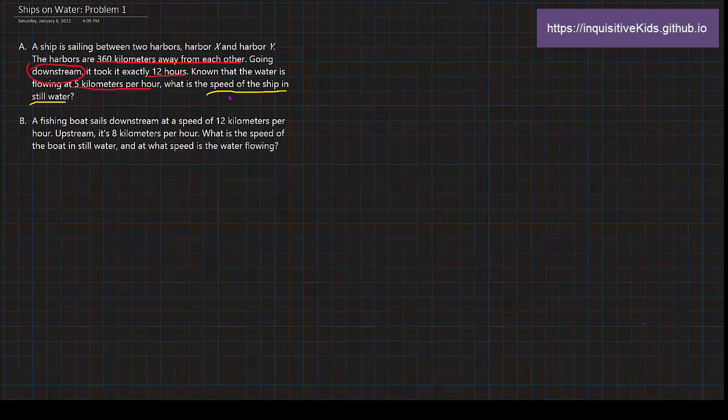And how do we find the ship speed? I'm going to use V to stand for velocity, and right here I'm going to write ship.